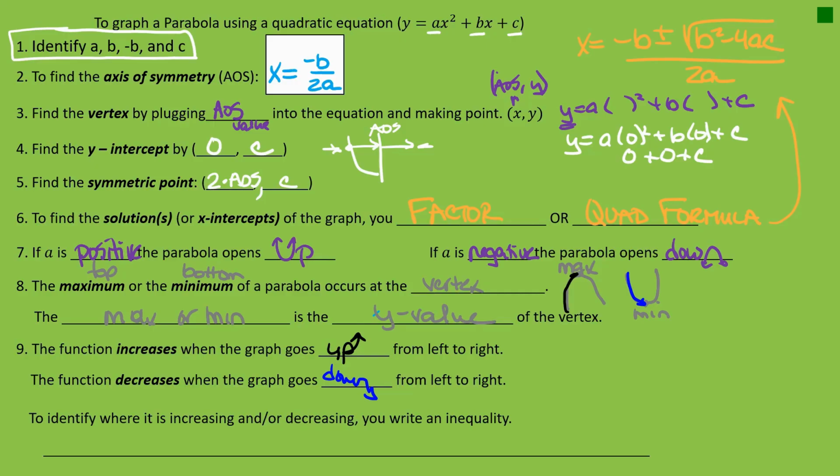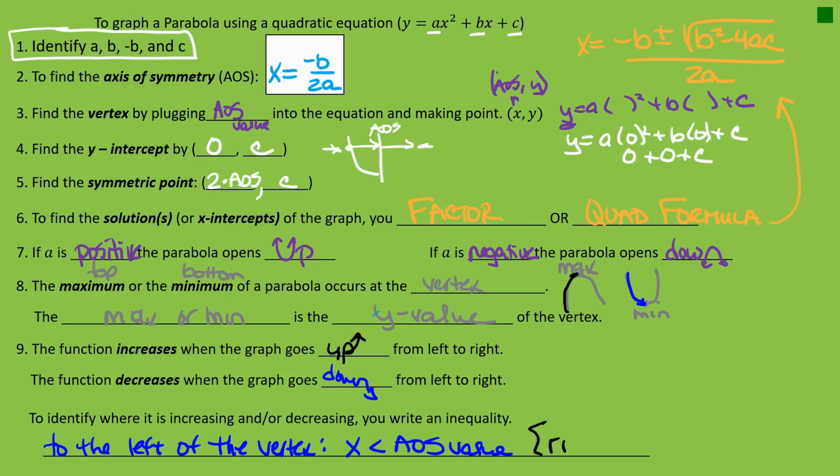So to identify where it's increasing or decreasing, you write an inequality. Whatever it's doing to the left of the vertex, your inequality is going to be x is less than your AOS value.